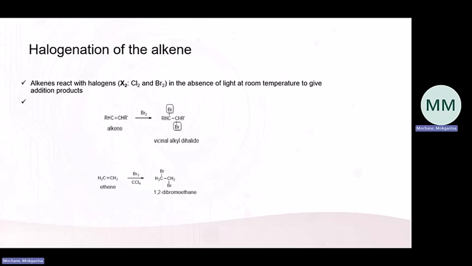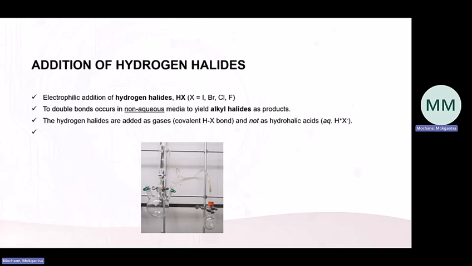That was the story of... Remember, we started with addition. My apologies. The alkenes, we started with the addition of hydrogen, and then we moved to the second one, which was the hydrogen halides, which gives us the product alkyl halides.